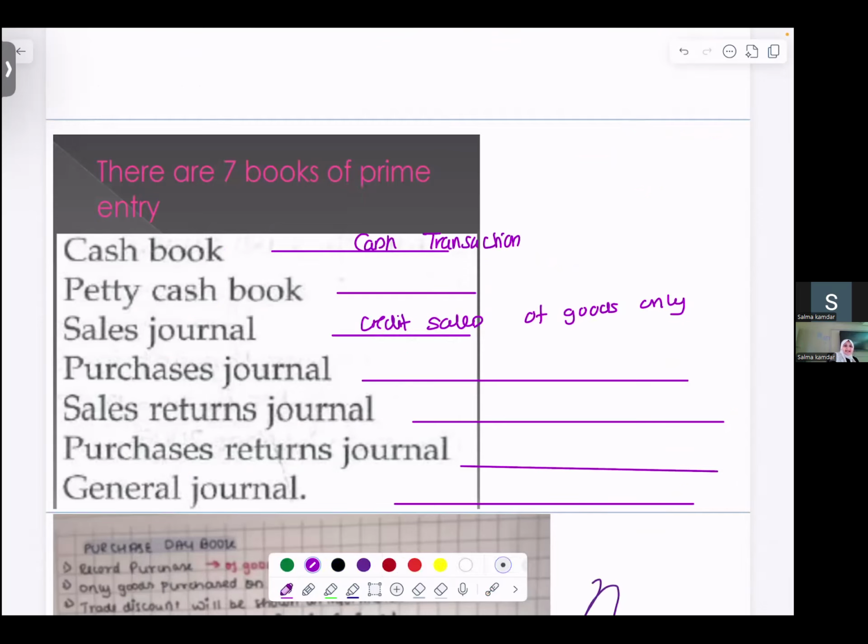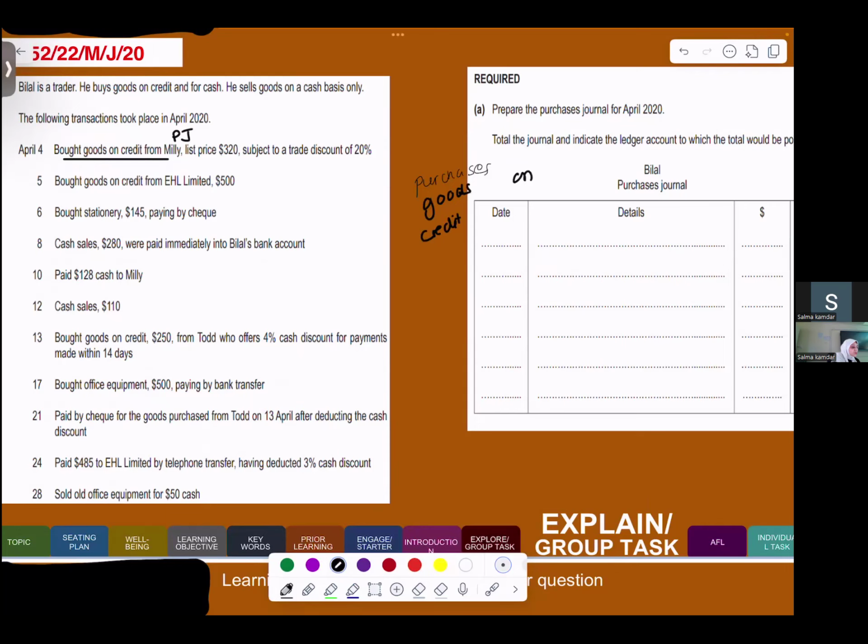Buy paying check, cash book. Cash sales, cash book. Paid, cash book. Cash sales, cash book. Bought goods on credit. Who offers 4% discount? Purchase journal.